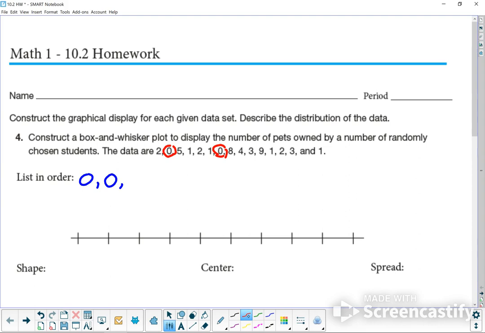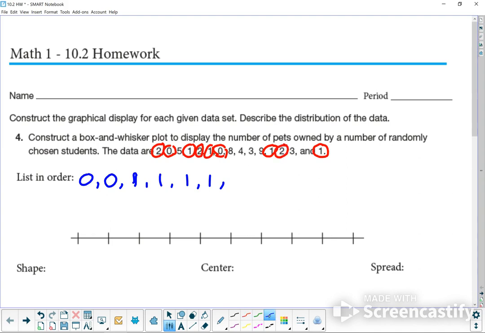So I got zeros, then I got 1, so 1, 1, 1, 1. There's 4 of them. And we got 2, so we got 2, 2, 2.